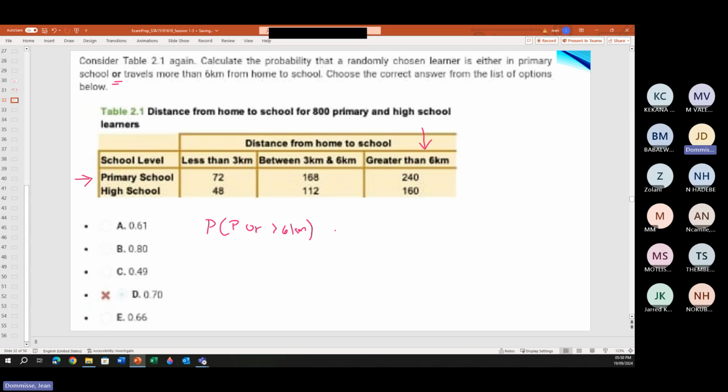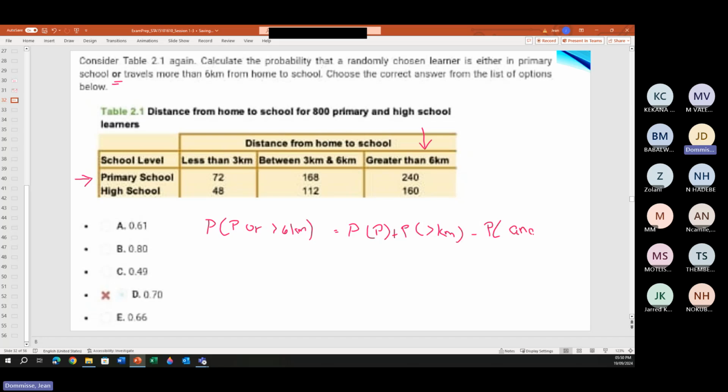Okay, so remember then our formula is probability of primary plus probability of bigger than 6 kilometers minus the probability of the and.